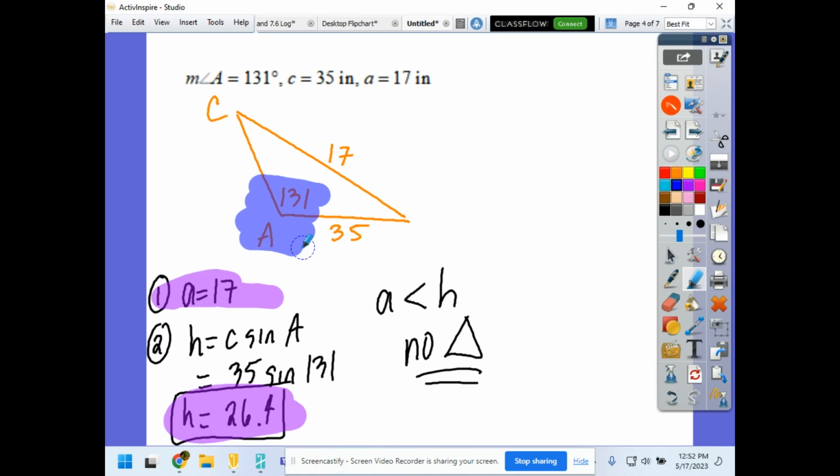So since 131 is the only obtuse angle, the side opposite to it should be the longest side. But in this case, that's 17, and this is 35. Are you telling me that the obtuse angle, the largest angle in the triangle, would not have the longest opposite side? That doesn't make sense. That's why this one here is no triangle.